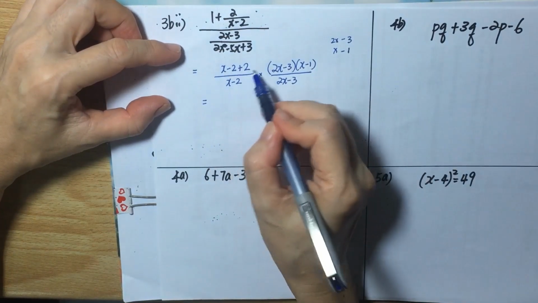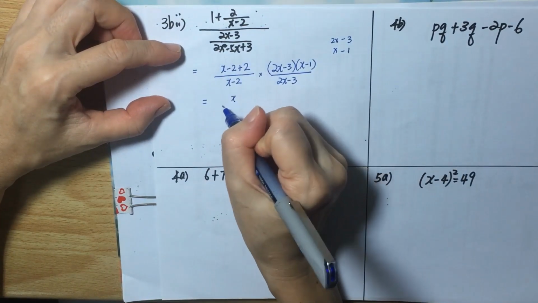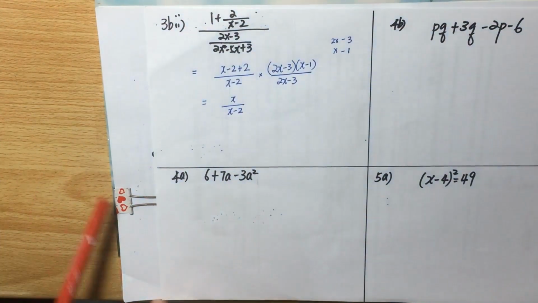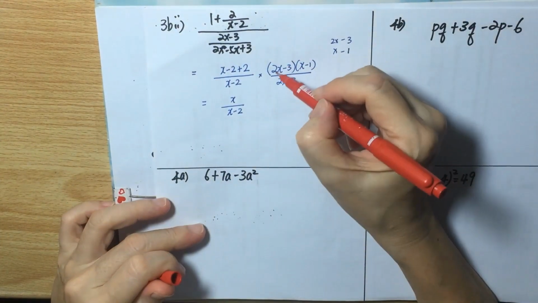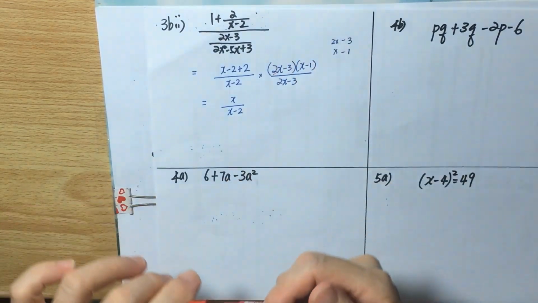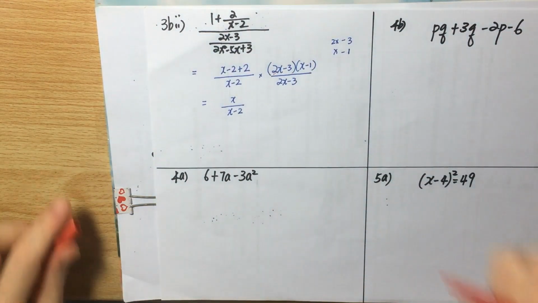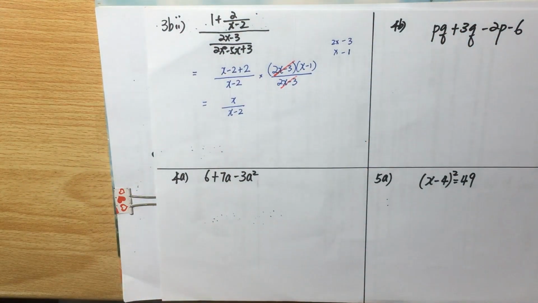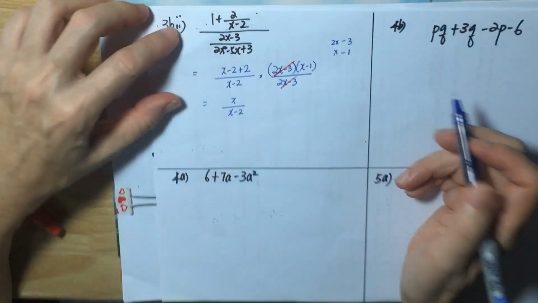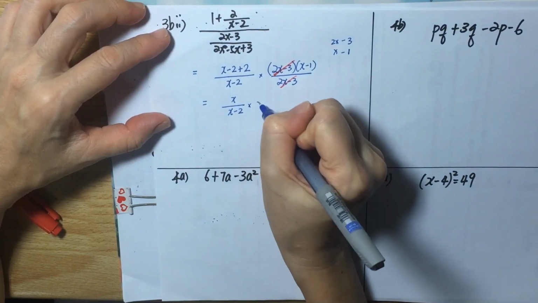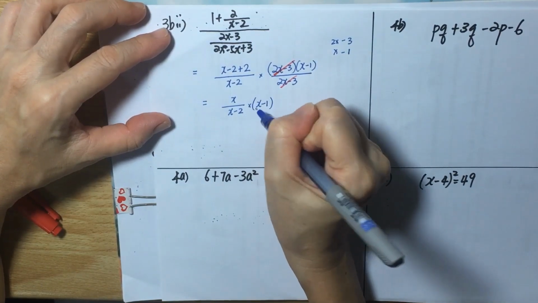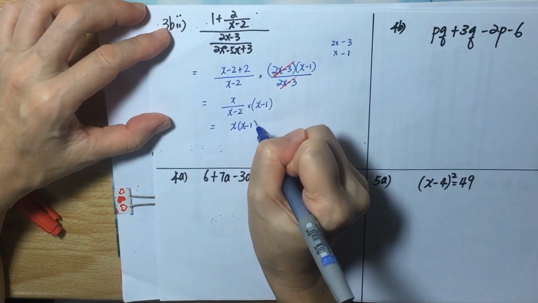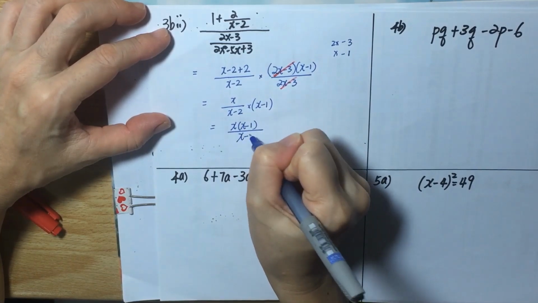Okay, simplify this, I get x over x minus 2. And when I simplify the second fraction, these two terms are actually the same. So I divide both numerator and denominator by 2x minus 3. So I'll get 1, 1, so times x minus 1. So therefore, my final answer is x times x minus 1 divided by x minus 2.